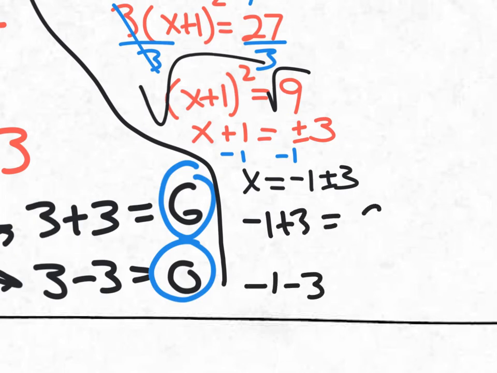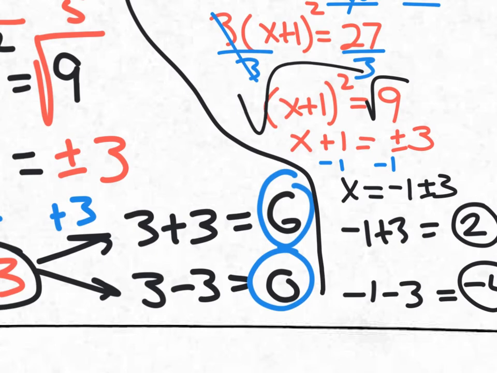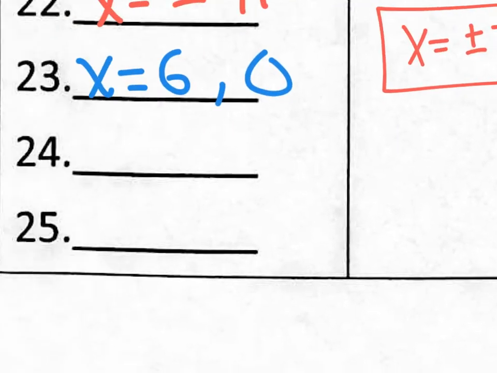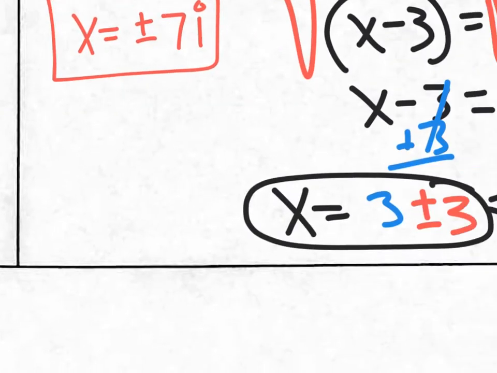So negative 1 plus 3, I get the answer of 2. Negative 1 minus 3, I get the answer of negative 4. So 2 and negative 4 are my answers. And that's what we're going to write over here, 2 and negative 4. So x equals 2, comma, negative 4. Again, don't put parentheses around it because they are not coordinates.